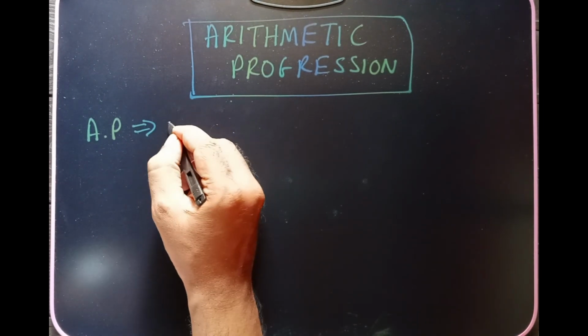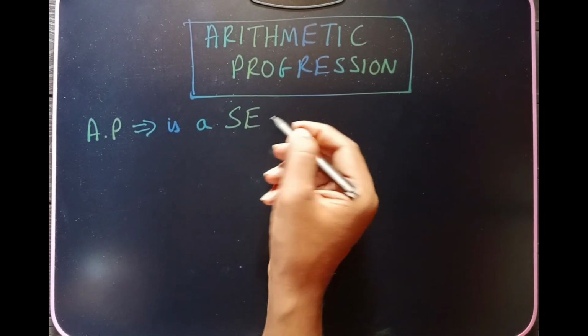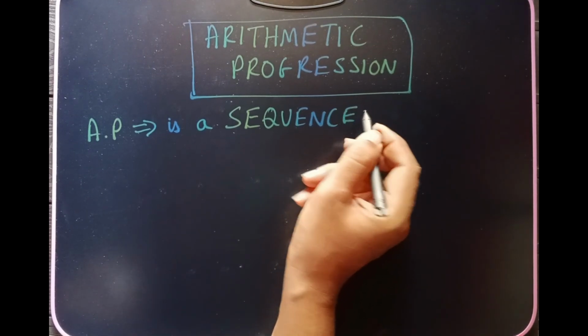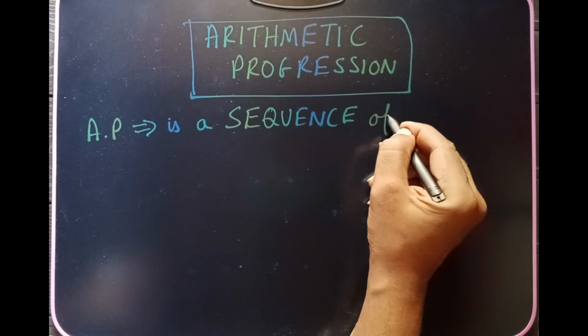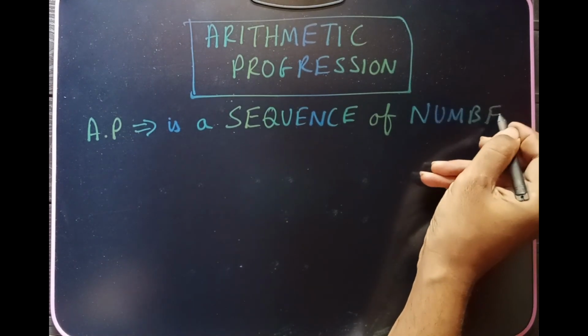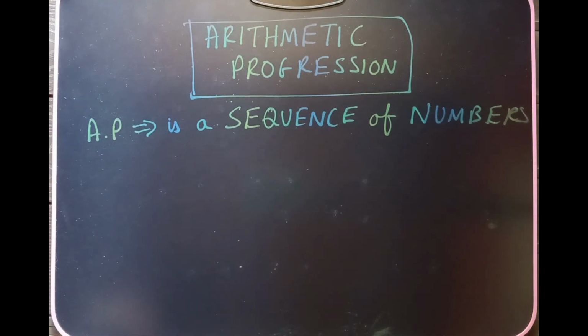Arithmetic progression is a sequence of numbers. Of course, we are studying maths, so it has to be a sequence of numbers. Of course, in daily life, you can use it as a sequence of whatever you want.